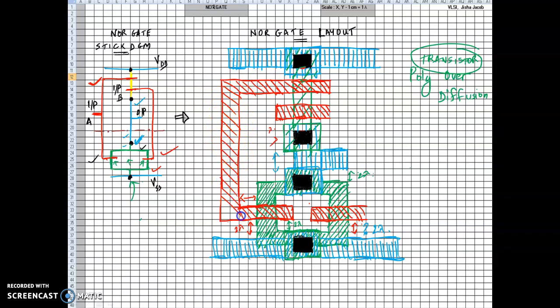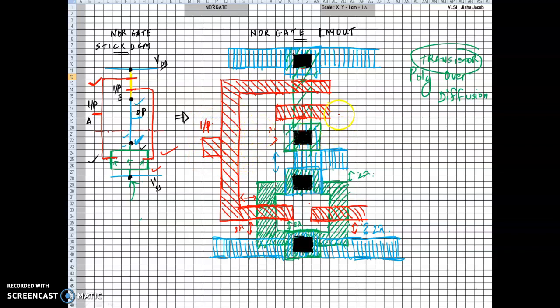Shade it in the opposite direction as against P diffusion and N diffusion. You can extend this by 2 lambda here, and even if you did not, that would be okay because you can directly give the input on this vertical line of polysilicon. I'm just giving it an extension of 2 lambda over here.